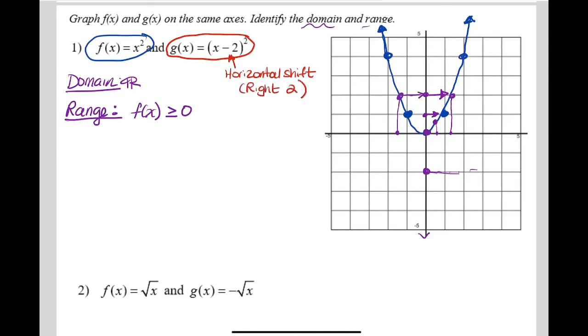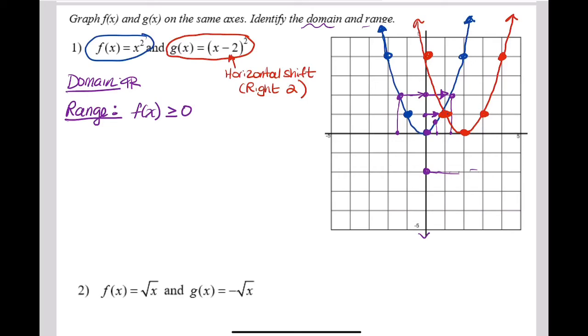So that's what we're going to do. Now there's no vertical shift to this whatsoever, so I'm going to go right 2 units. So I'm going to put the vertex right there, and there it is.